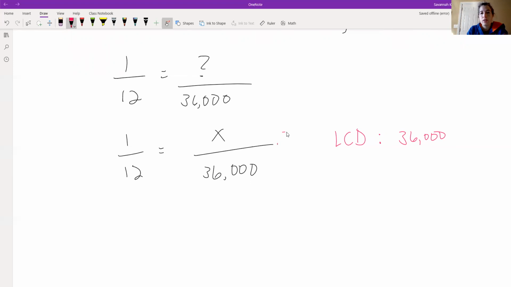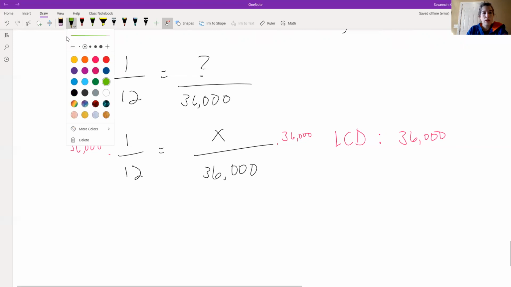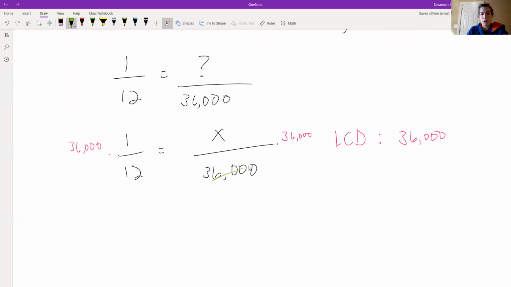So you can take your LCD, both sides, to cancel. Well, you can. So cancel 36,000s, and then the 12 will just divide into that, get a 3,000.